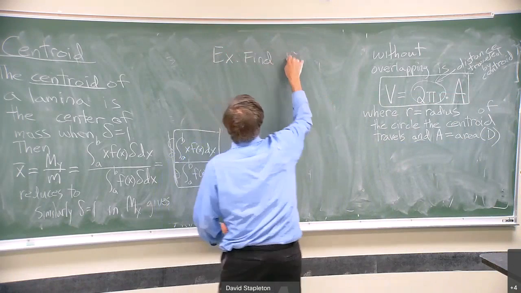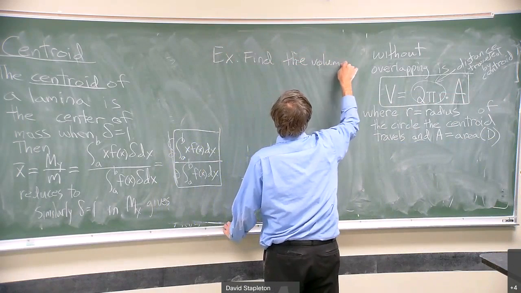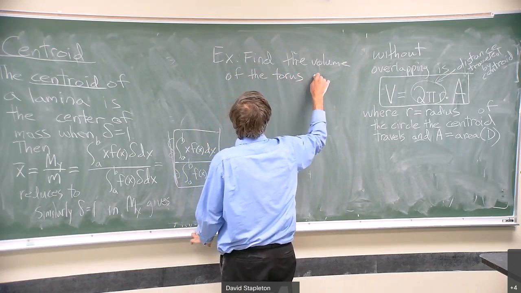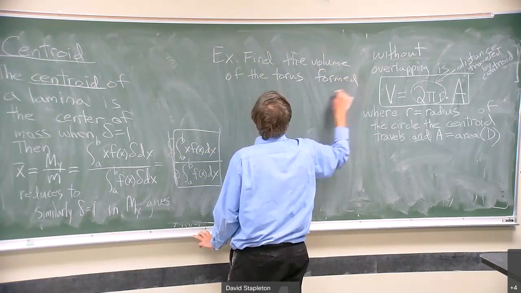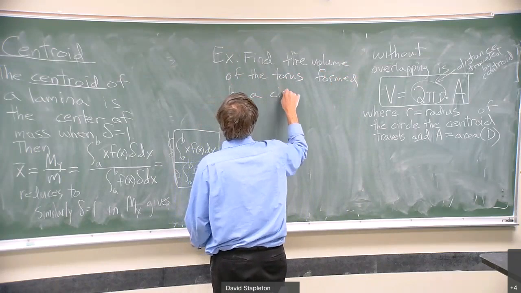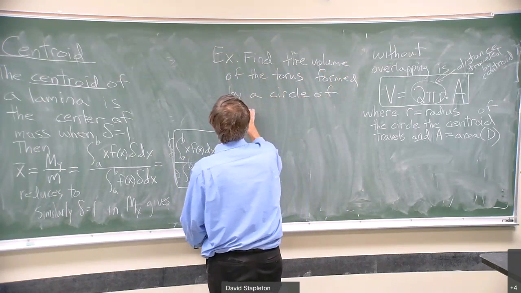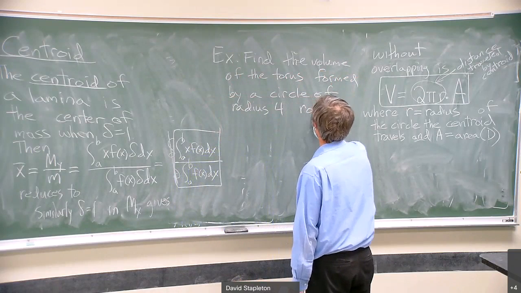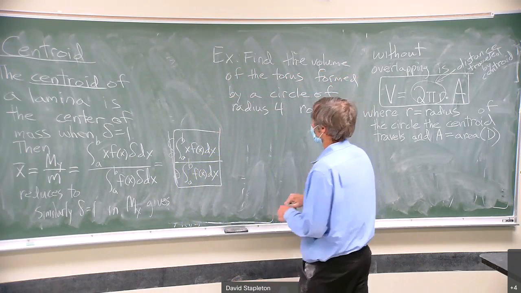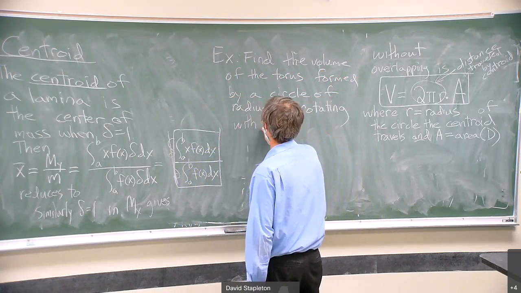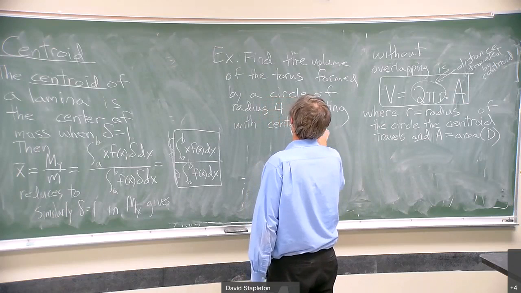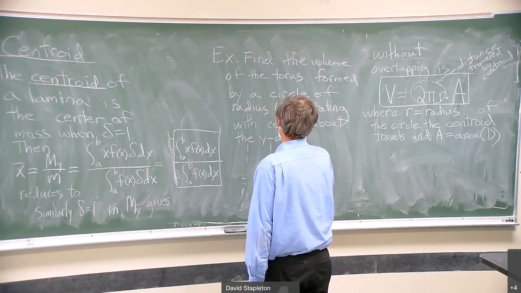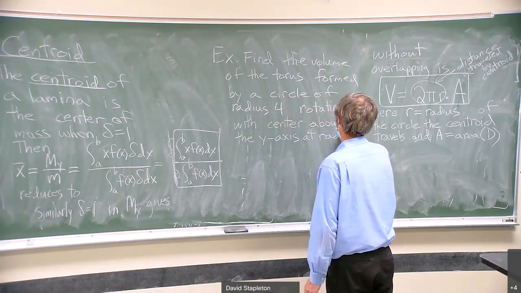Find the volume of the donut, called a torus in mathematics, formed by a circle of radius 4 rotating with its center about the y-axis at radius 6. This needs a picture, and that's obvious.